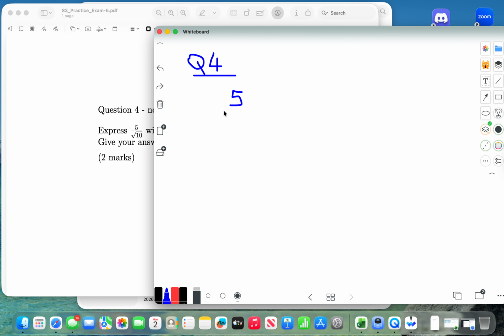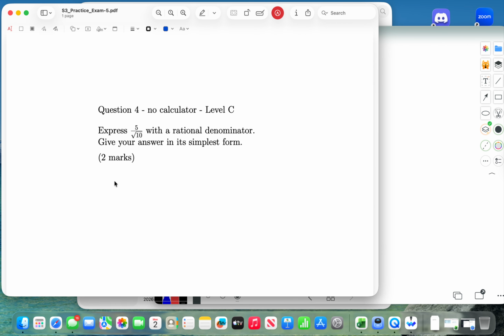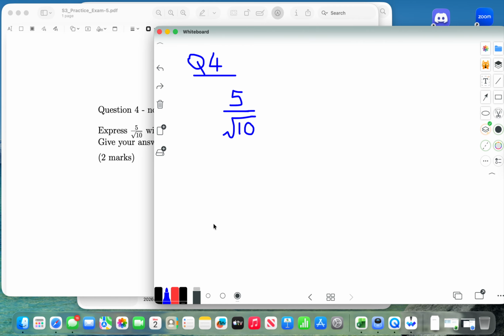So 5 over the square root of 10. The first thing we want to do is, well, it asks us to have a rational denominator. So we know that, if we put this in red, square root of a multiplied by the square root of a, you get a.